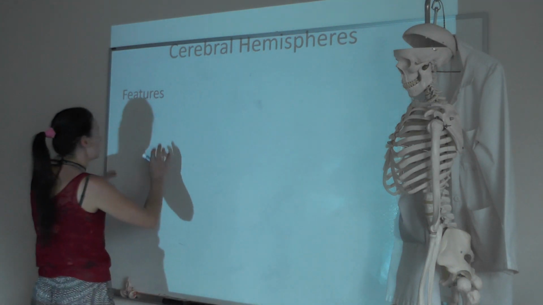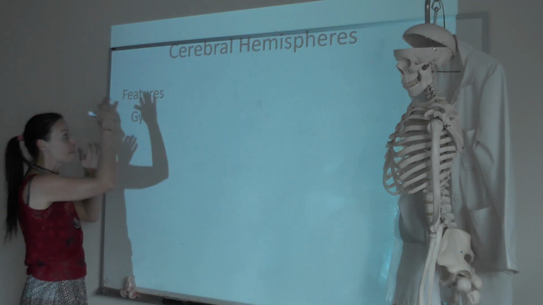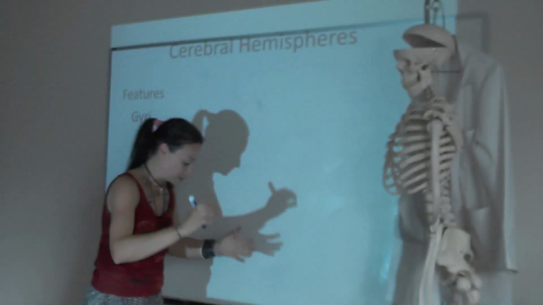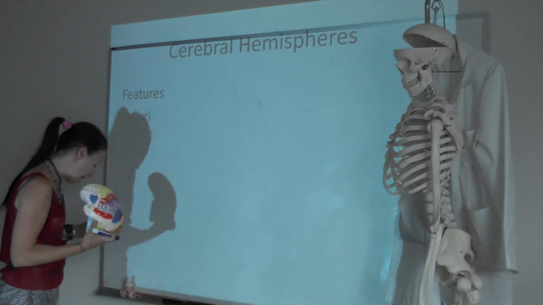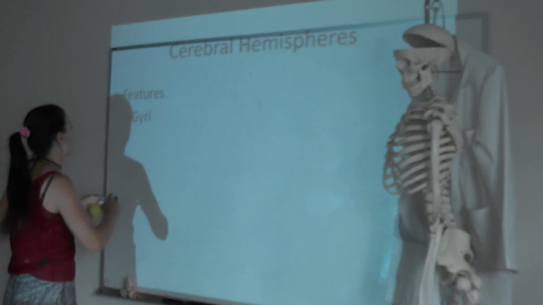Yeah, it's pretty great. So cerebral hemispheres, this is going to be hugely important, and we're going to spend a lot of time talking about the lobes of the hemispheres and what they do. Why? Because this is what makes you you. All right, so features. As far as anatomy goes, let's start there. These raised bumps here are called gyri. This is plural. One is a gyrus.